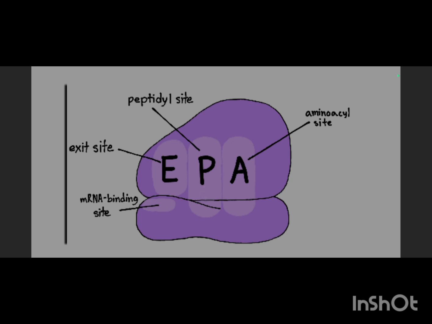Then one peptide bond forms in between the newly come amino acid and the old polypeptide chain. And when everything is finished, then the vacant tRNA exits through this E, meaning exit site. So basically this is the basic funda of ribosome and the basic structure of ribosome.